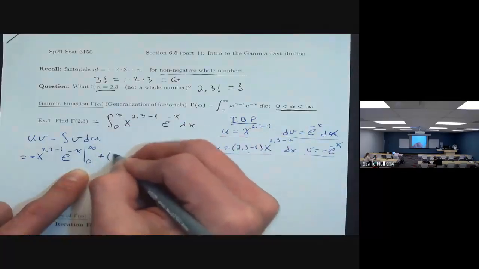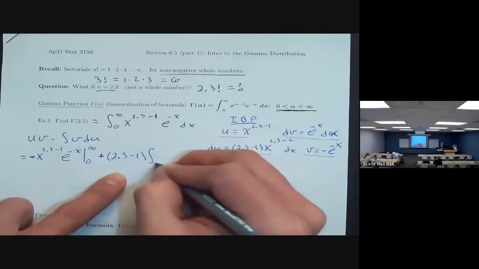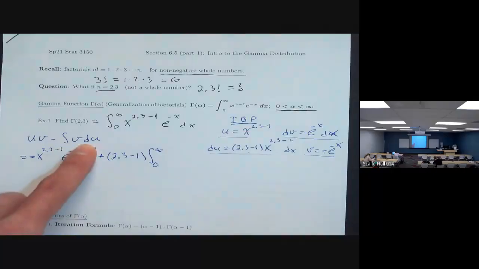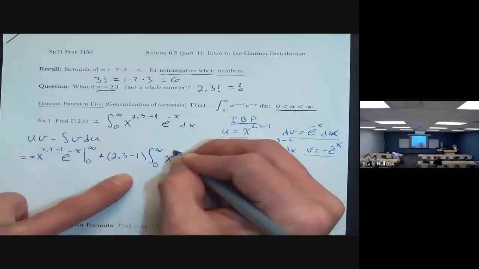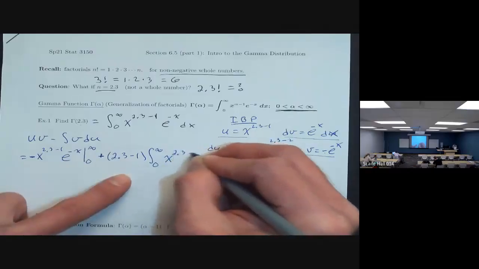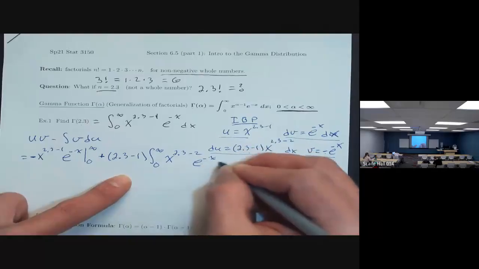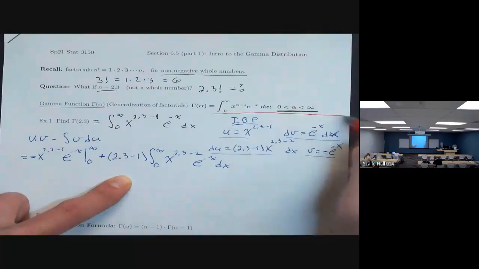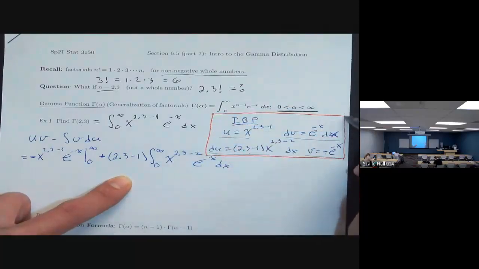So this will be a plus 2.3 minus 1 outside of the integral, and the integral goes from 0 to infinity of the rest of our v du, which would be x to the 2.3 minus 2 times e to the negative x dx. I'm sorry, I got sloppy here.